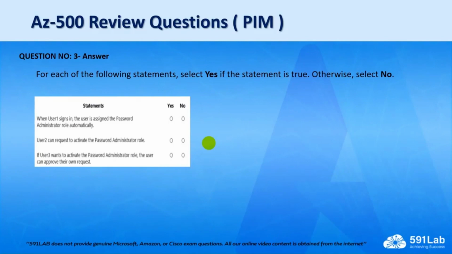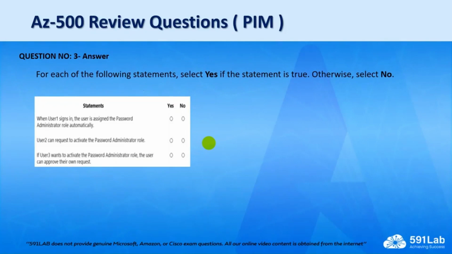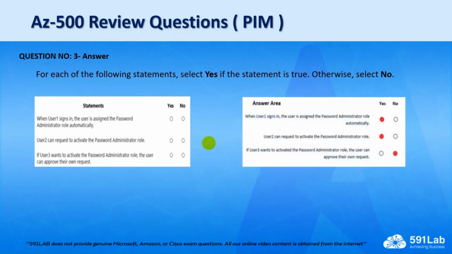No, because it has to first be approved by admin 1. So the option for this statement is also no. Let's look at the answers. When user 1 signs in, the user is assigned the password administrator role automatically: yes. User 2 can request to activate the password administrator role: yes. If user 3 wants to activate the password administrator role, the user can approve their own request: no. So I hope my explanation helps you clear your understanding of this question and the answer.